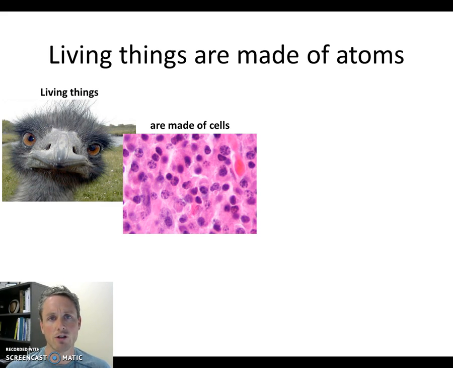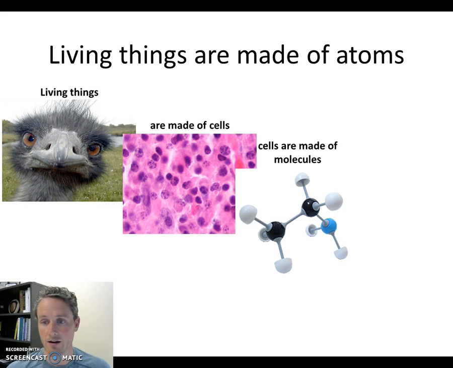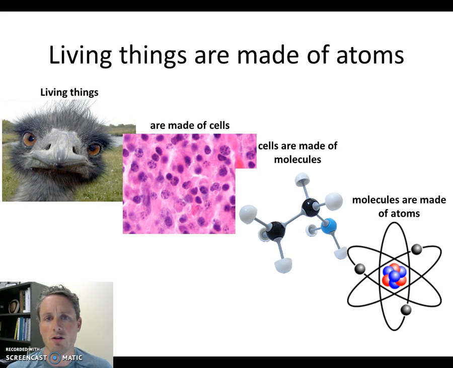Okay. If we look closer at those cells, we'll find that all cells are made out of smaller things called molecules. So we're going to build these molecules. We'll talk about a lot of different molecules over the coming weeks and their functions. So we build those cells out of molecules. But if we look more closely at a molecule, all those molecules are made out of atoms, right?